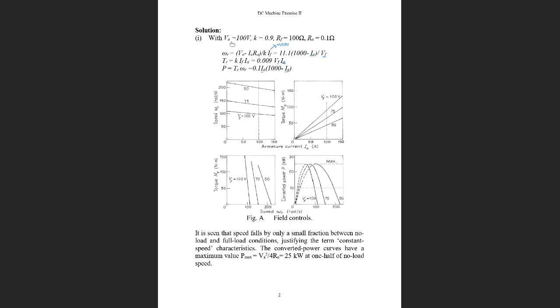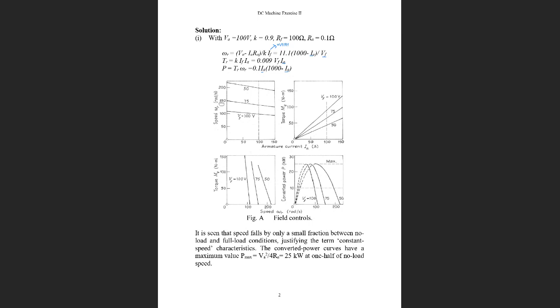Now, based on these three equations, we can get the drawings. One is the speed against the armature current for different field voltages: 100 volts, 75 volts, 50 volts.